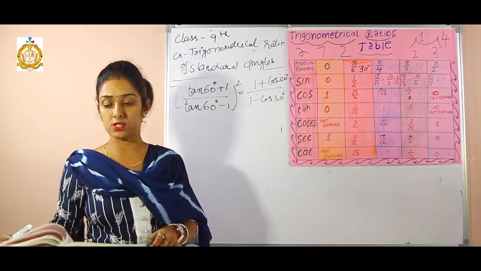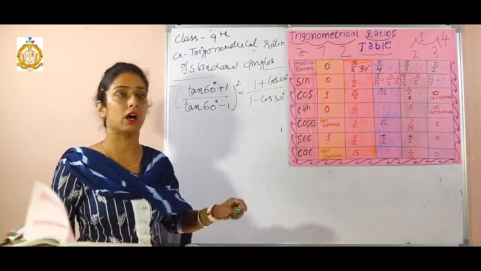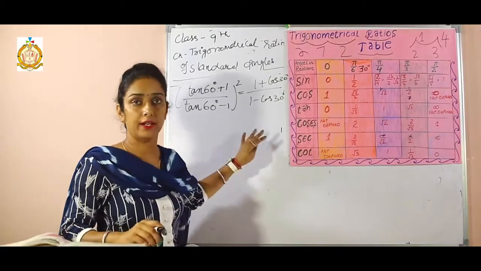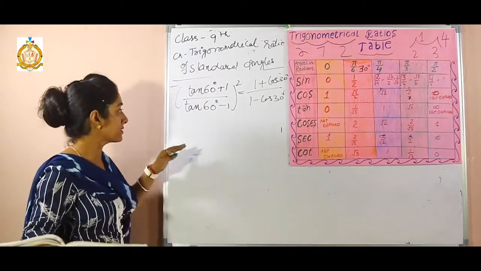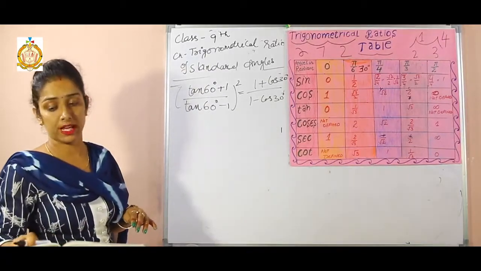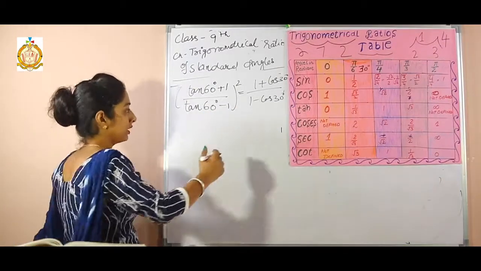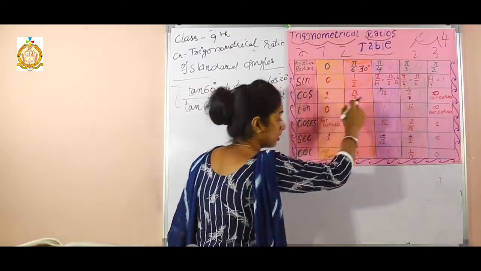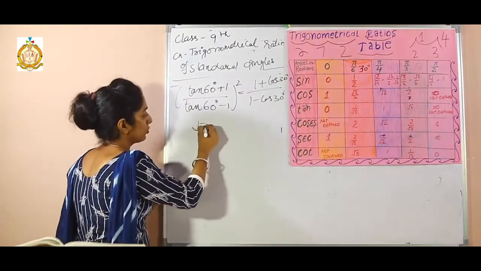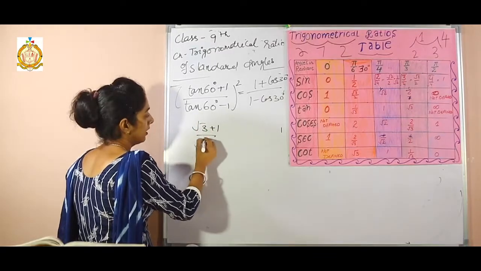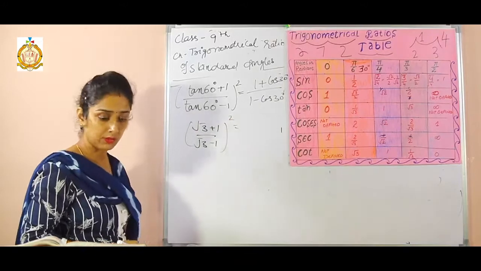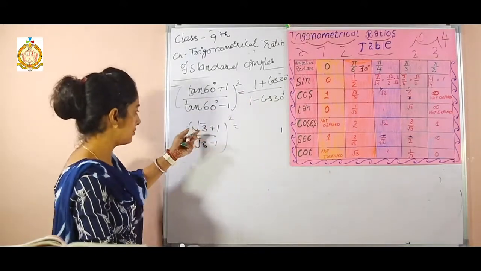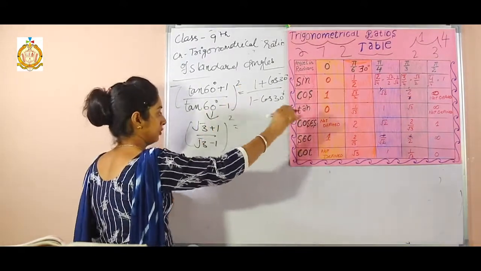So students, in this question, first of all we have to find the left side and the right side and they must be equal. Now what is tan 60? The value of tan 60 is under root 3. Now under root 3 plus 1 over under root 3 minus 1 whole square. Right? Now first of all I will solve this term and later we will solve the other.